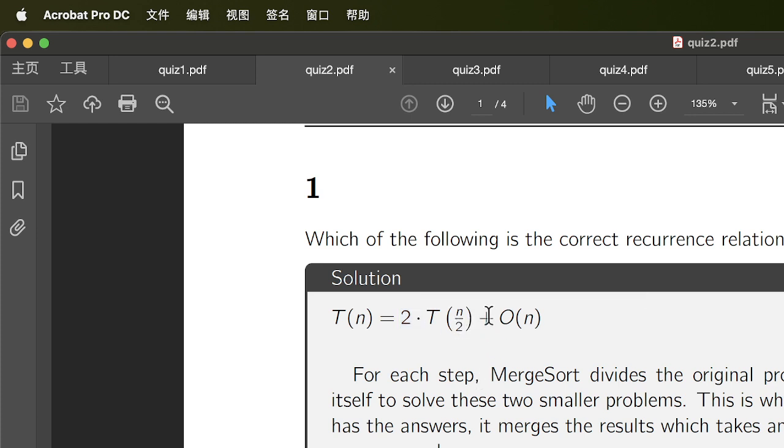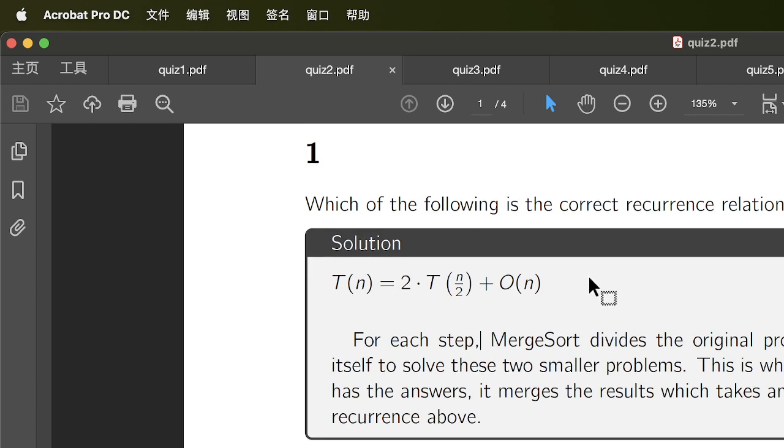And we also need to merge these two sub results, which takes additional O of n time. It's actually the merge process we just mentioned before. So this O of n part comes from that, and we got this result.